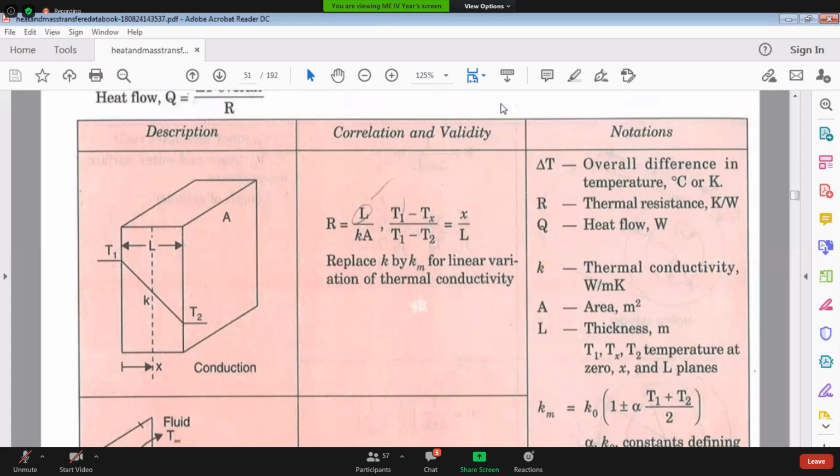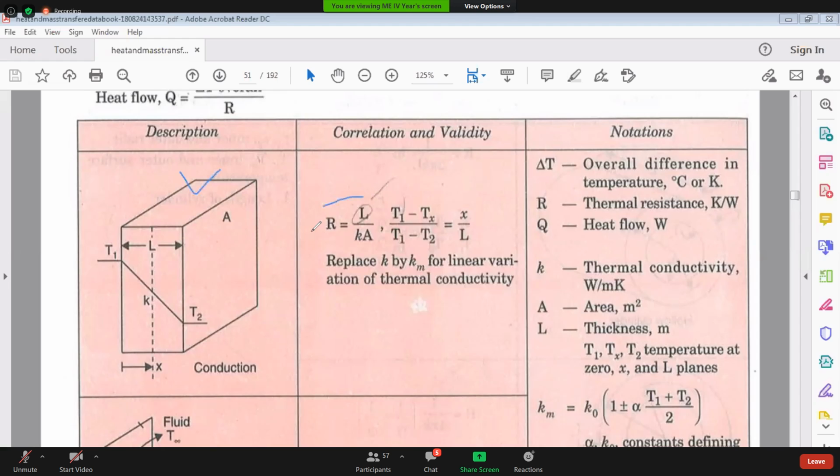There are some active participants. Okay. Anyway, right. So modes of heat transfer we have discussed, right?